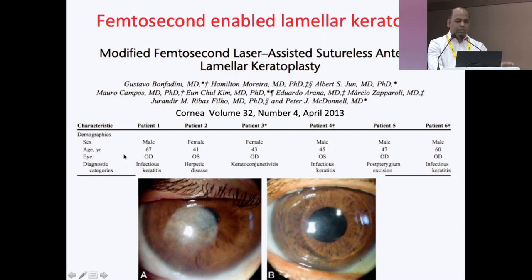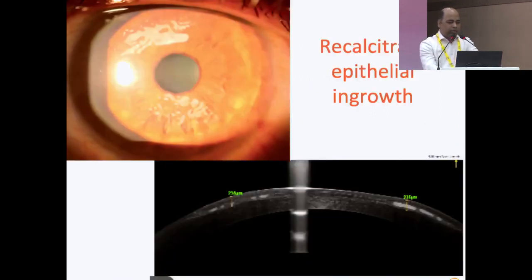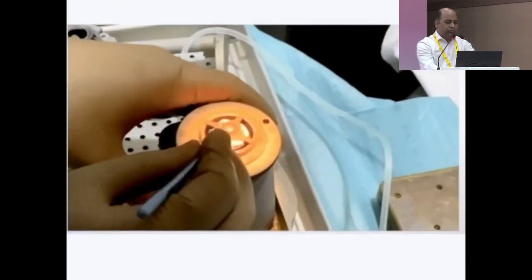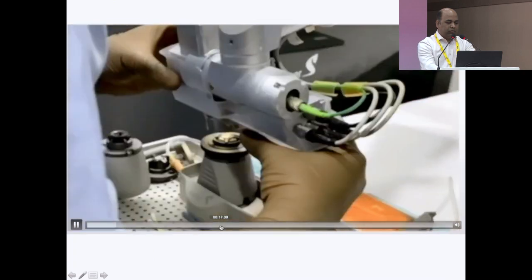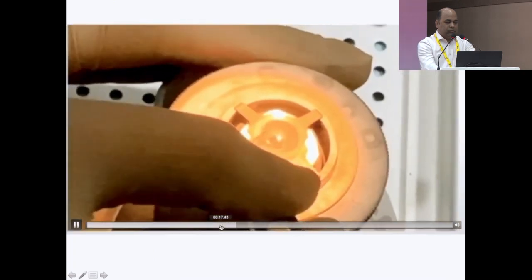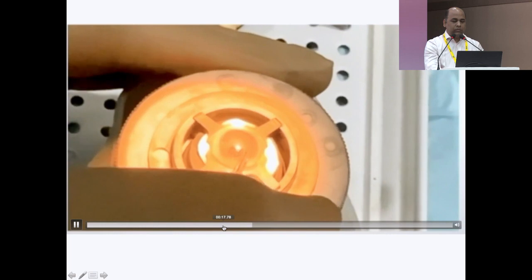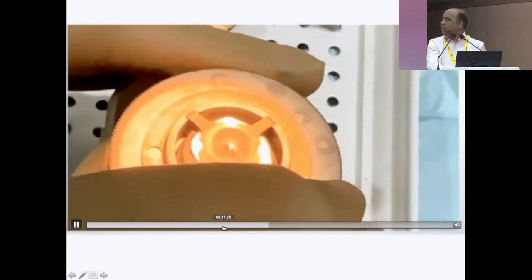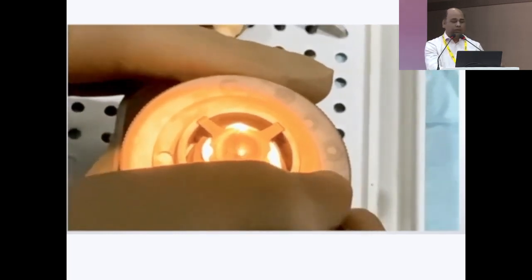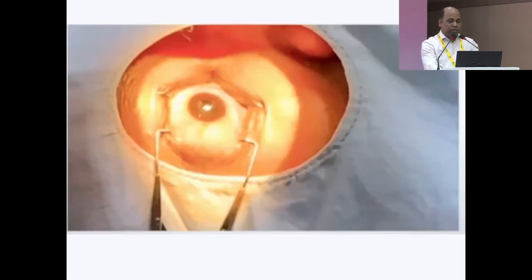Lamellar keratoplasty is already covered by sir, and this is another case of recalcitrant epithelial ingrowth where we had done multiple scrapings and all those maneuvers, and ultimately we had to do ALK for this case. In such cases, OCT helps very well because you know the depth of the disease and can proceed accordingly.